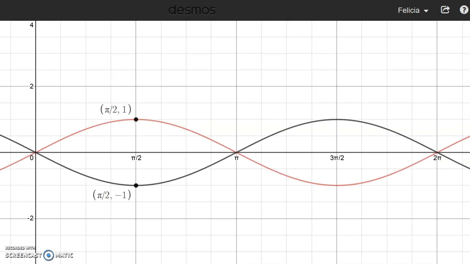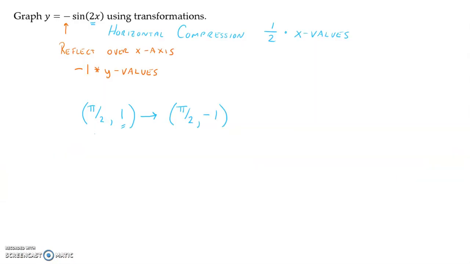So now you can see the graph of negative sine of x, and we have that point labeled on the graph. Now let's go ahead and look at our next transformation. Now we can go ahead and apply that horizontal compression to our graph. So we're going to be multiplying our x values by 1/2.